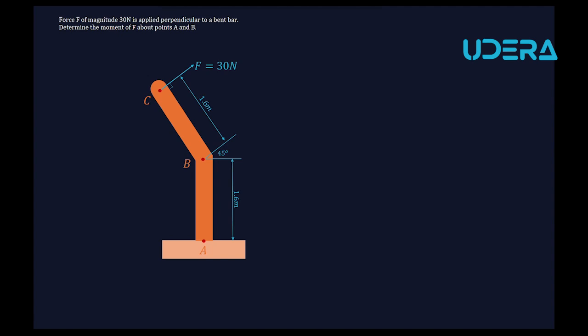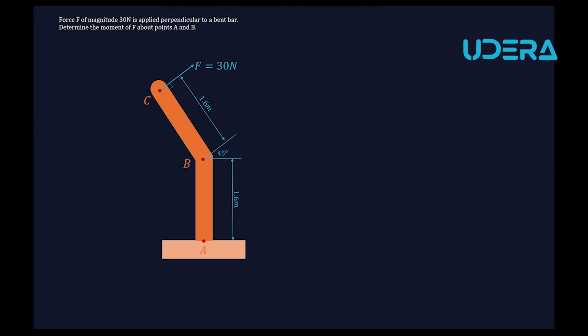First of all, I'm going to find the moment about point B. There is only one force vector, which is 30 newtons, and it has the vertical distance of 1.6 meters from the required point B.